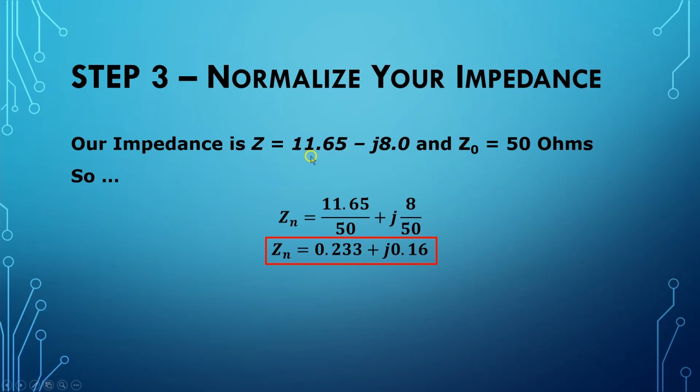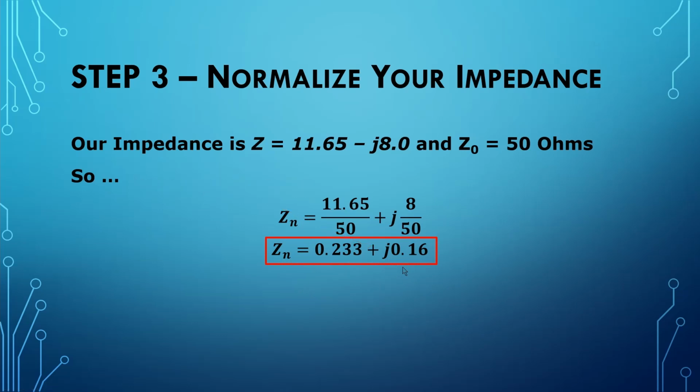So we take the 11.65 and we divide that by 50, we get 0.233. We take the 8, we divide that by 50, and that gives us 0.16. So our normalized impedance is 0.233 minus J0.16. All right, now we have our normalized impedance.